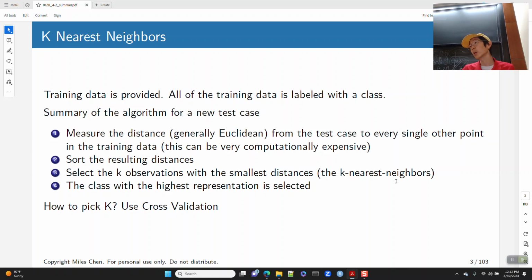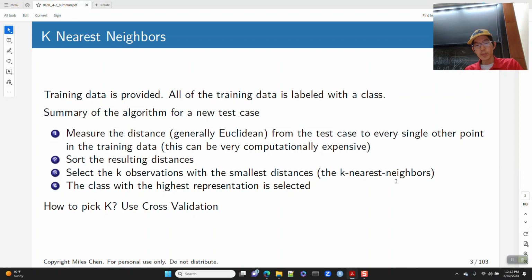How many times do I get it wrong on my validation set? If I use 3 nearest neighbors, how many times do I get it right? How many times do I get it wrong? If I use 5 nearest neighbors, how many times do I get it right? How many times do I get it wrong? And based on that, you get kind of an estimate of how accurate your model will be based on a different number of K, and that's how you would choose which K to use. Okay.